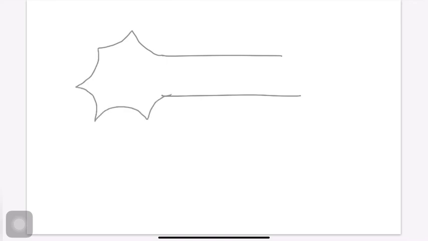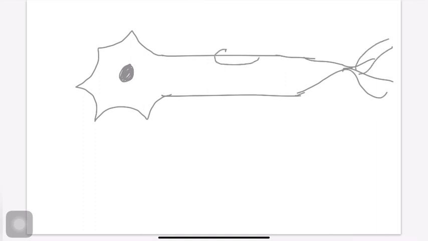Now the direction of impulse conduction. Consider this as the nerve fiber, this is the cell body, this is the axon, and this is the axon terminal.